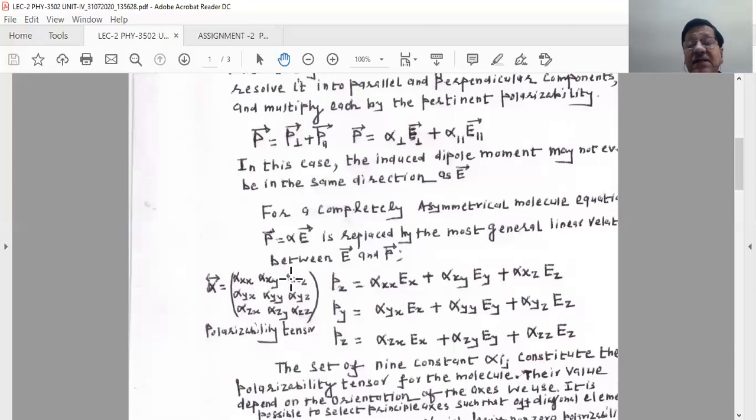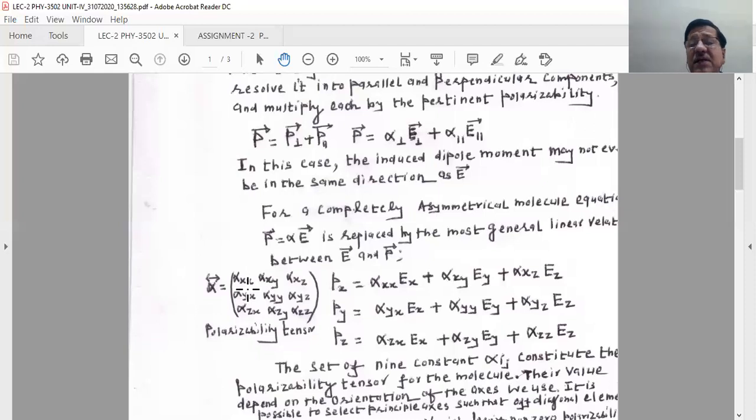By selecting the coordinate axis and studying the tensor analysis, one can select the principal axis in such a manner that you can eliminate all the off-diagonal elements and make them 0, and you have only the diagonal elements that will be non-zero, and one can calculate the characteristic of a system.